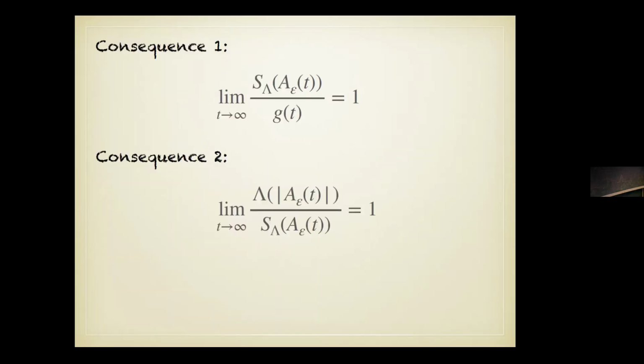Yes. So here you see, S of lambda divided by G goes to 1, but also lambda size of the typical set divided by S goes to 1. That basically means lambda size of the typical set divided by G goes to 1 asymptotically.